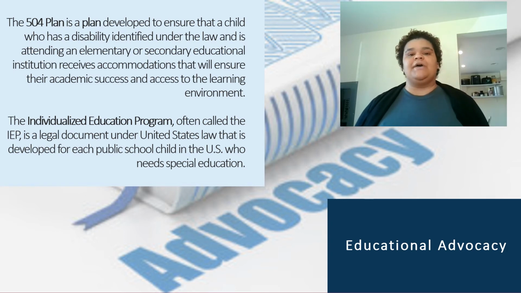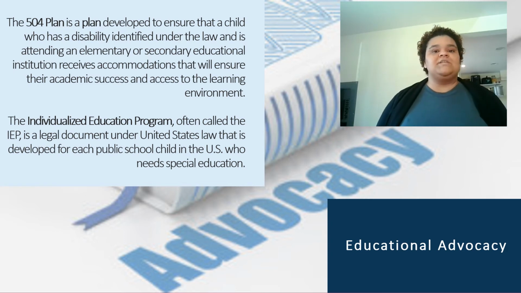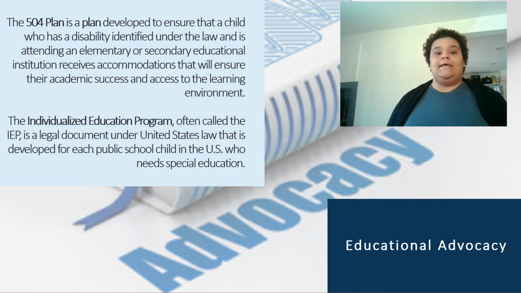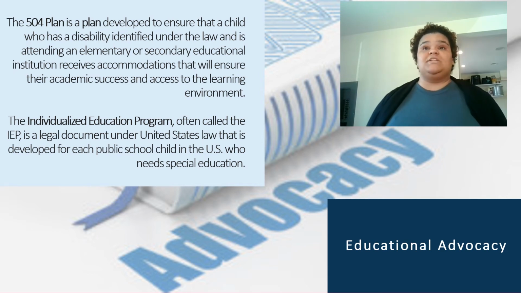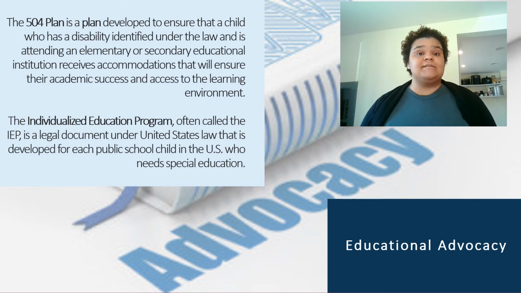The difference between these plans is that a 504 plan is typically an accommodation plan that isn't necessarily based on an intellectual disability. Sometimes it can be, but typically this is for students that suffer from more emotional issues or things like ADHD. Then they just need special treatment as far as extended time on tests, preferential seating.